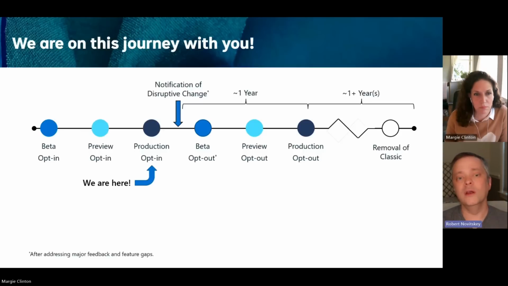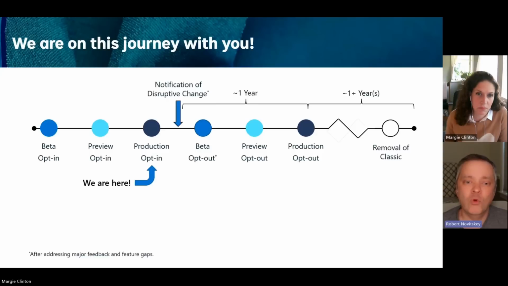So you will get a notice through, I think it's through, Margie, do you know, the Message Center? I think we'll do it through Message Center. Yep. So in Message Center, probably also in the tenant admin dashboard, that this change is pending.